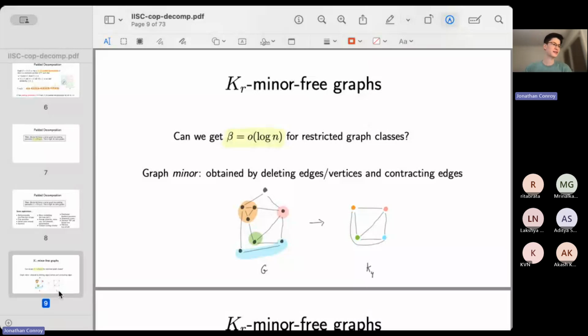Minor-free graphs are a natural thing to study. For example, Robertson and Seymour famously showed that any graph class that's closed under minors excludes some K_r minor for a constant r. And they generalize planar graphs and other interesting graph classes.